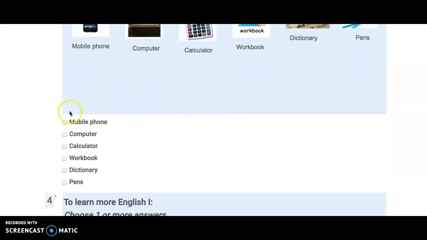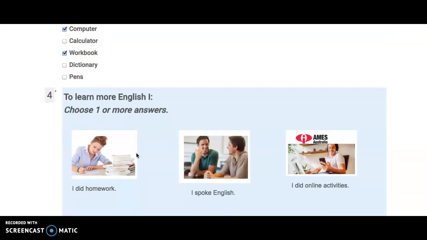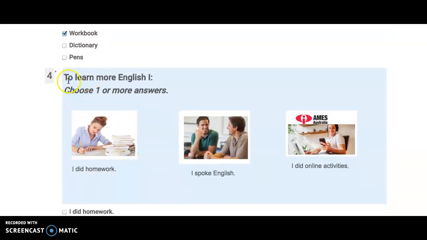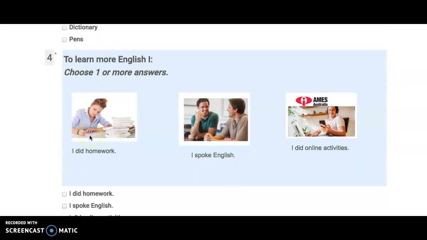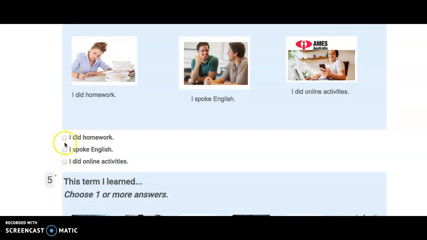So down here, we click which ones you used. You choose how many you like. Number 4, to learn more English, we need to choose again. Did homework, spoke English, I did online activities. Click the ones that you have done.